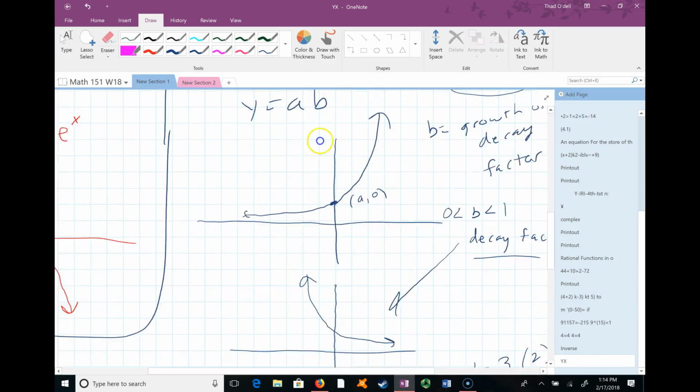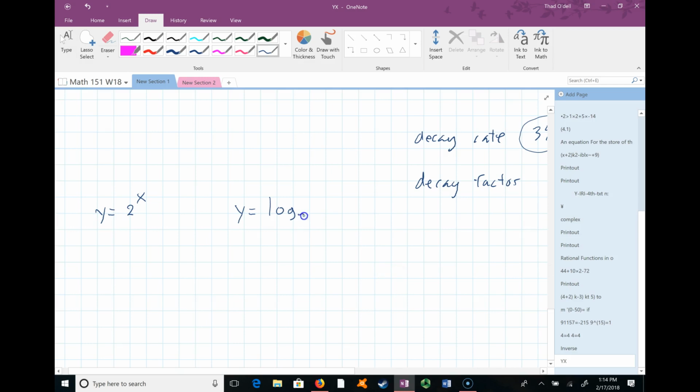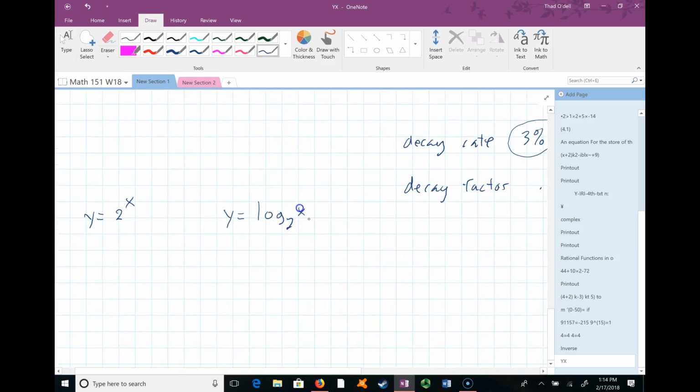So normally, most logarithms have a base. So, for example, we could say log base 2 of x. So to make that comparison, y equals e to the x and ln x. ln x is the same thing as log base e of x.